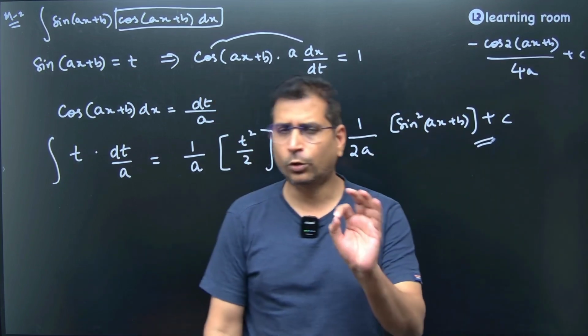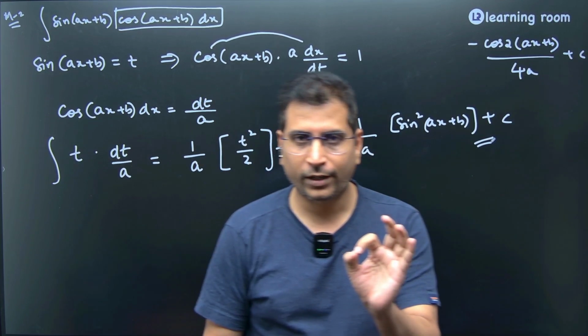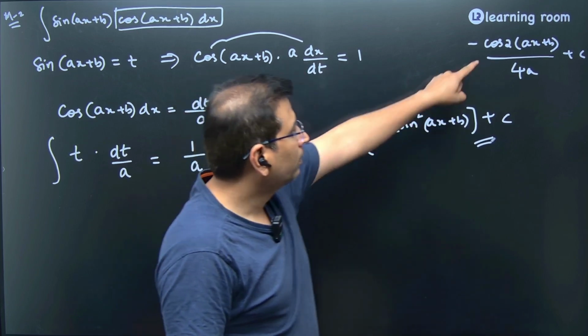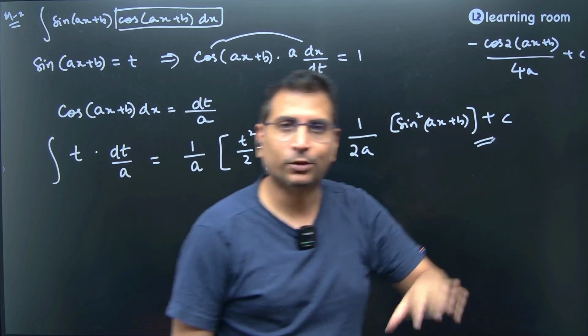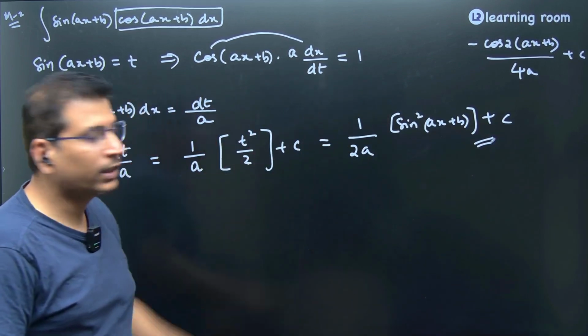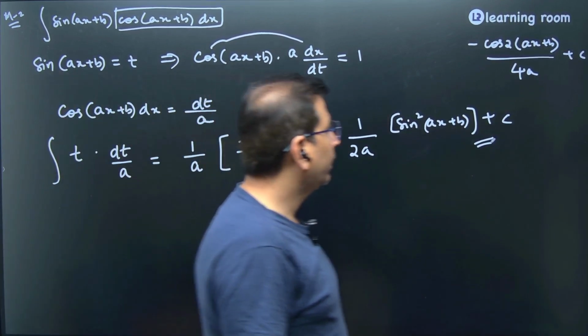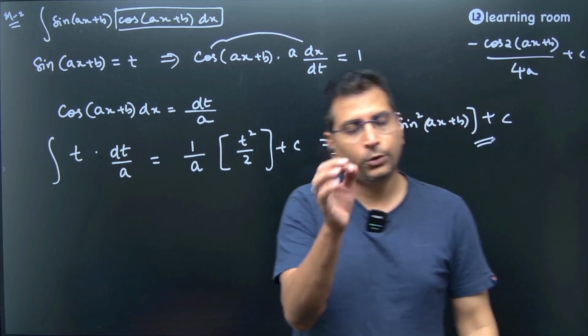So this is where I wanted to discuss a very important point. The answer we got using method 1 and the answer we got using method 2 are not the same, at least not mathematically, right? So this is one important point you need to make a note of.